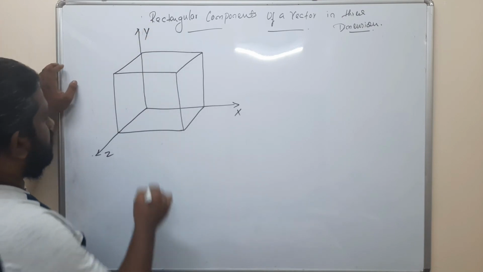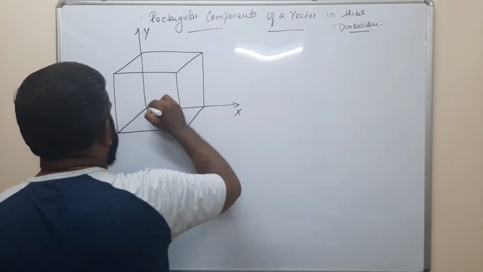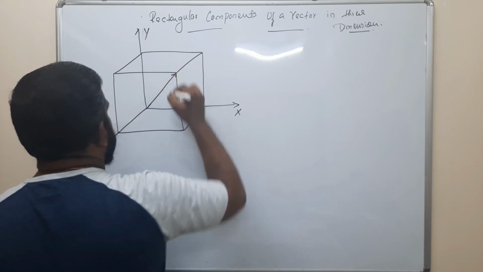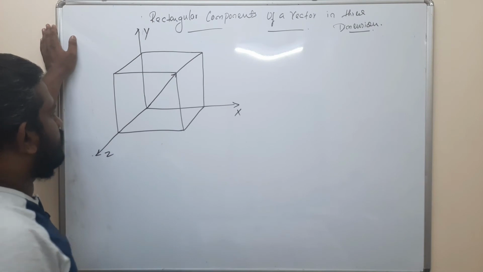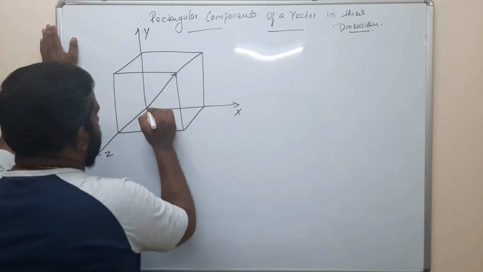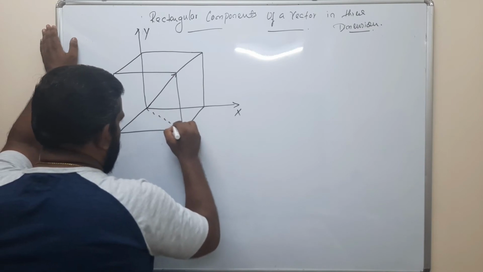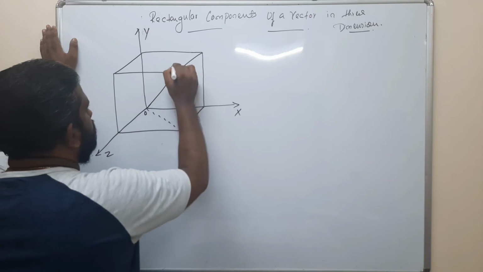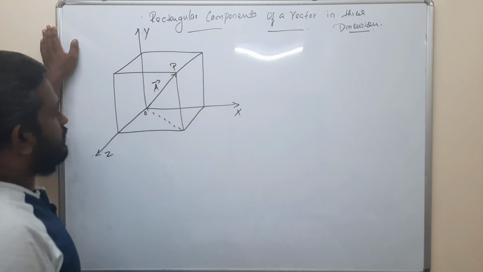So from the origin, the diagonal of this parallelepiped, our vector is acting along the diagonal of a parallelepiped. Okay. So from the origin, this is P. So A vector.